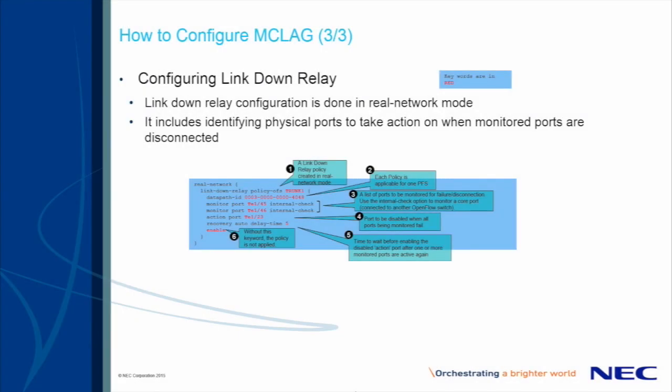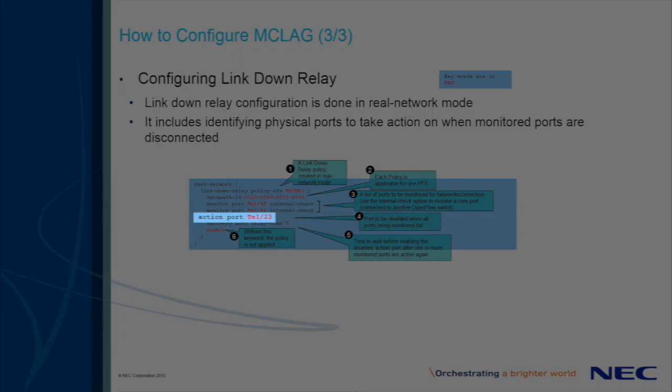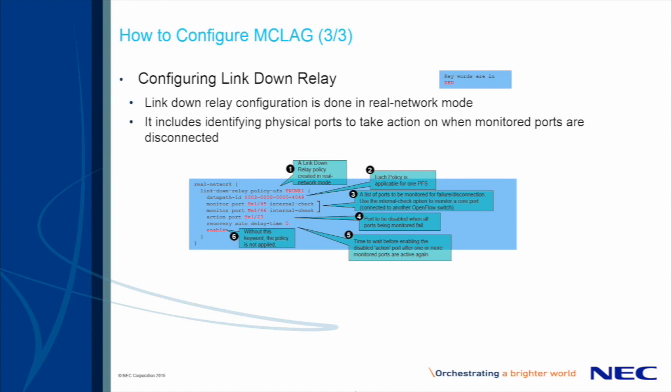Should TE1/45 and TE1/46 fail, an external host connected via MC-lag may unknowingly forward traffic via TE1/23, causing a traffic black hole. Link-down relay allows the operator or engineer to monitor specific ports. If the monitored ports fail, the link-down relay feature disables the action port, as shown in the configuration, which prevents the traffic black hole.